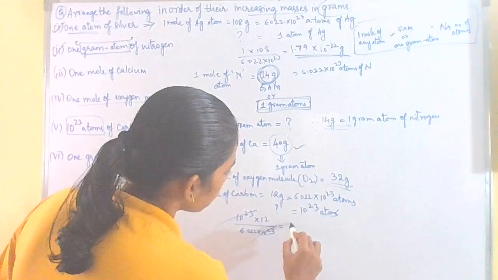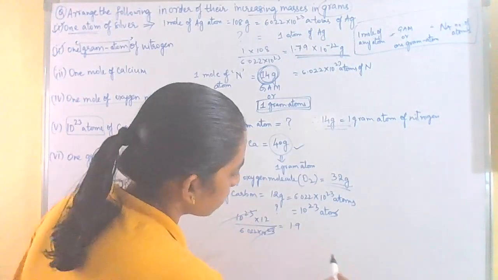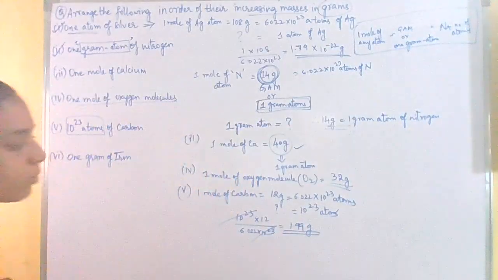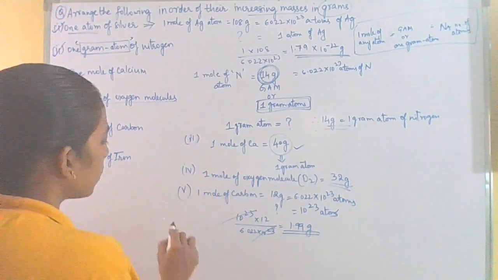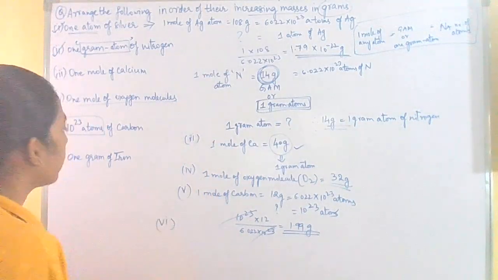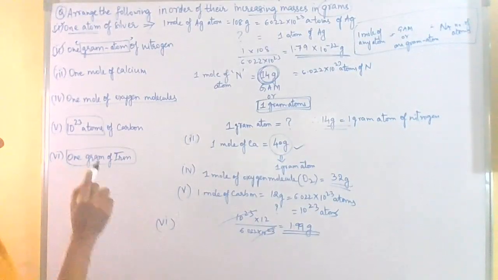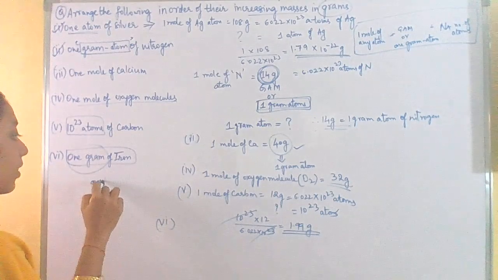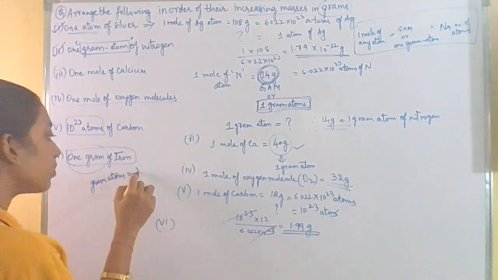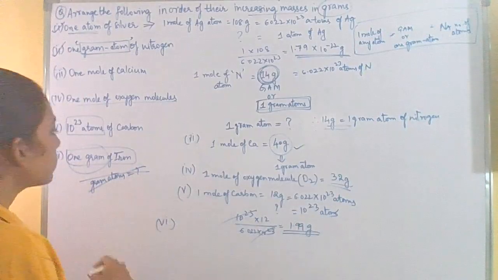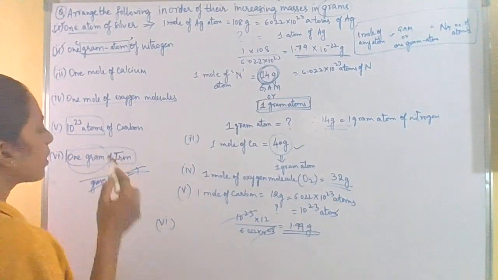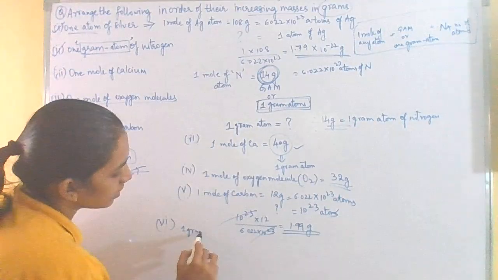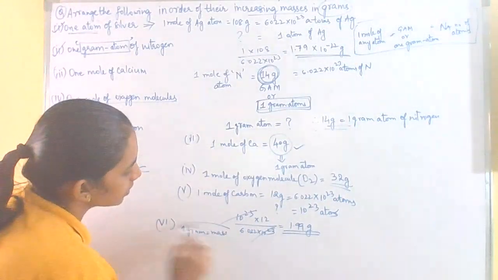You will get something around 1.99 grams. Now, the sixth one, 1 gram of iron. They have just given 1 gram of iron. They did not ask the mass of 1 gram atom of iron. Directly, 1 gram is the mass here in the sixth one.